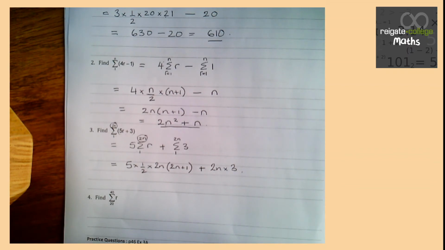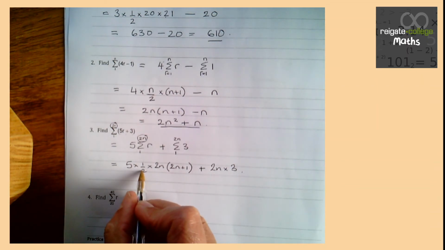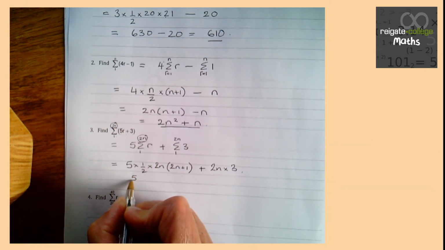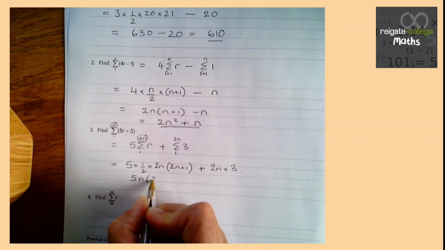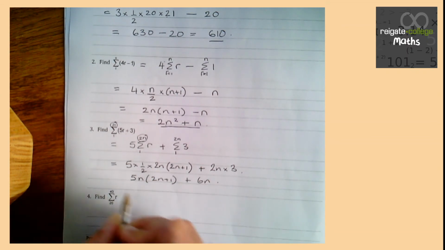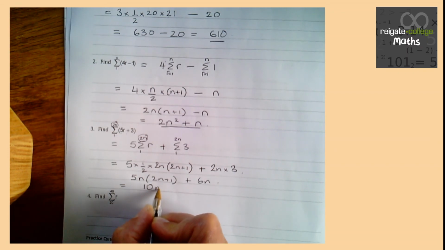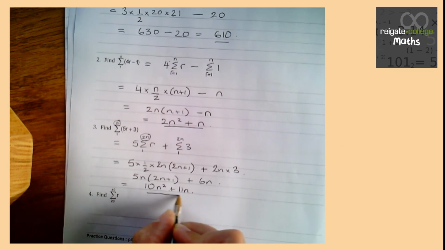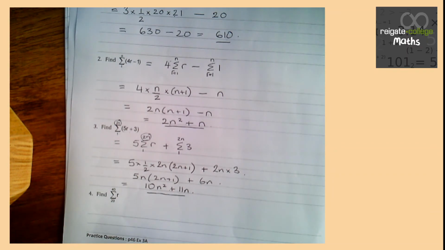Then we've got a little bit of tidying up of algebra to do here. That half and that 2 are going to cancel. So I've got 5n times 2n plus 1 plus 6n, which is 10n squared plus 11n. That's my final expression.